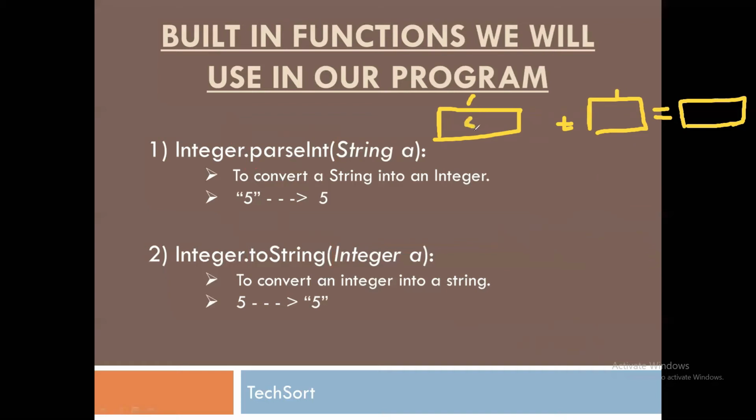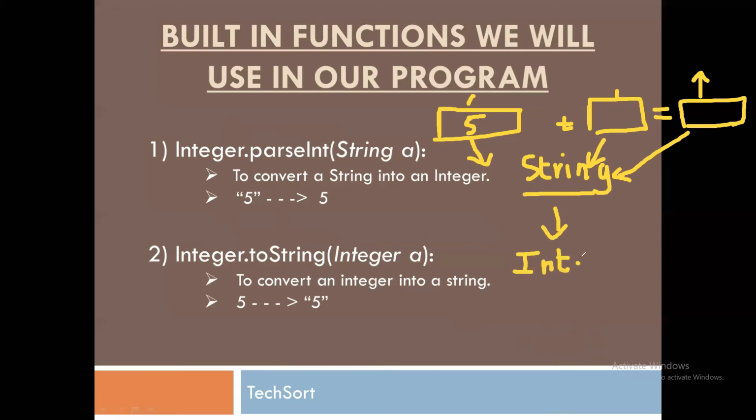So if the user has entered 5 here, whatever will be entered in a text field or shown on the JLabel, its data type is string. But when I have to perform calculation on any number, these strings should be converted to integer to perform any calculation on them.